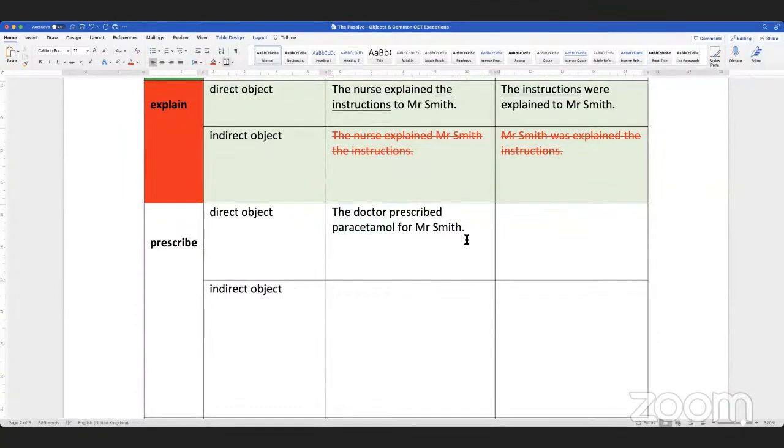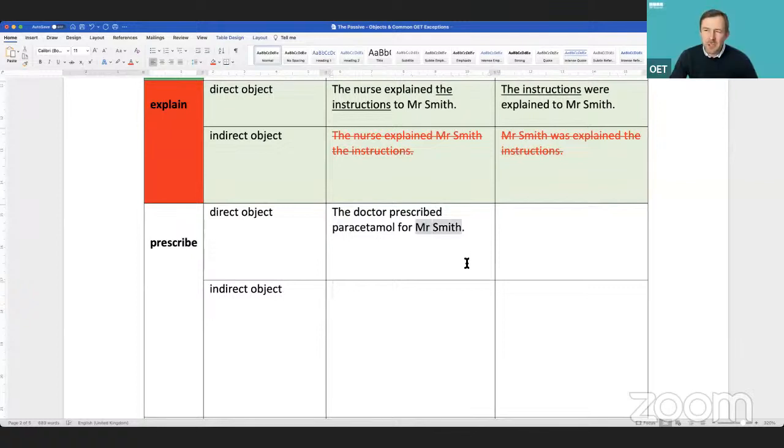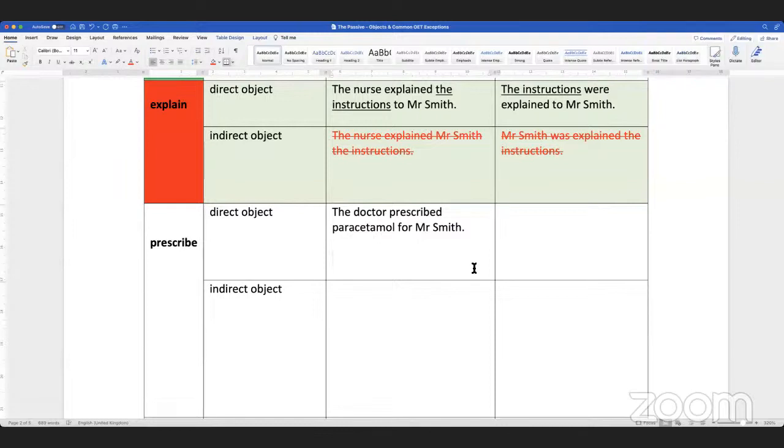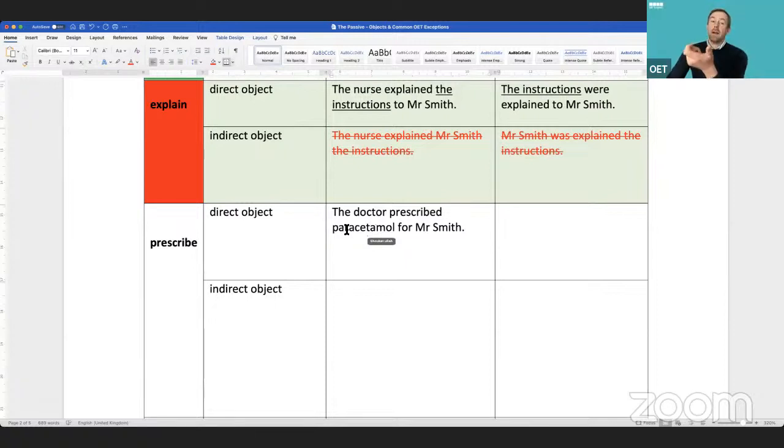Mr. Smith is the object. That's an object. Yeah. Any other objects? Paracetamol is the indirect object. It's the other way around. Because prescribe is here. That's a verb followed by an object, isn't it? That's what often happens. Subject, verb, object.